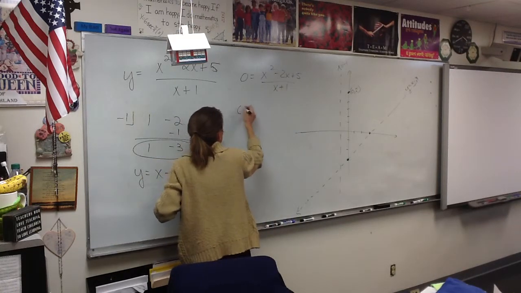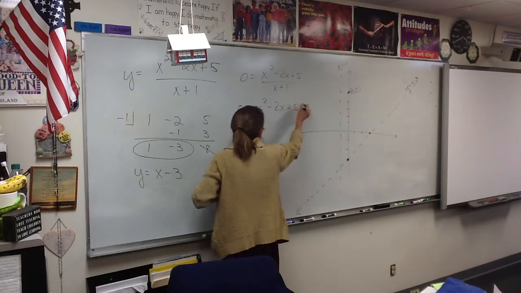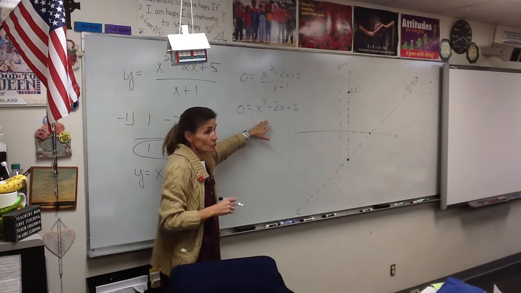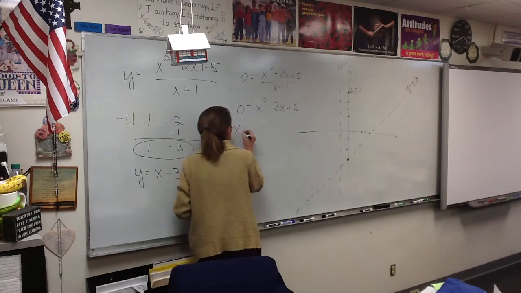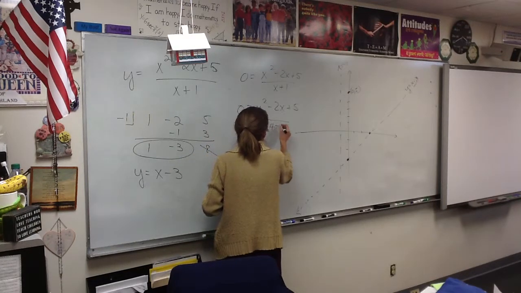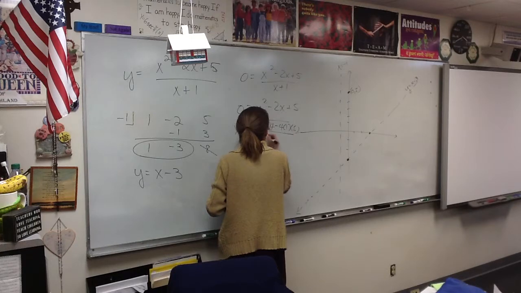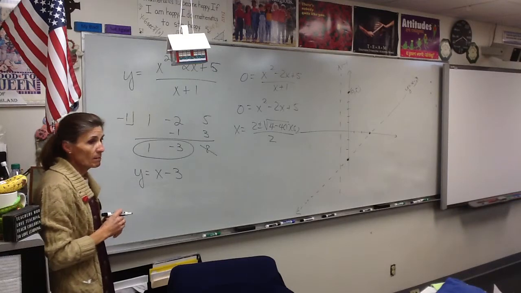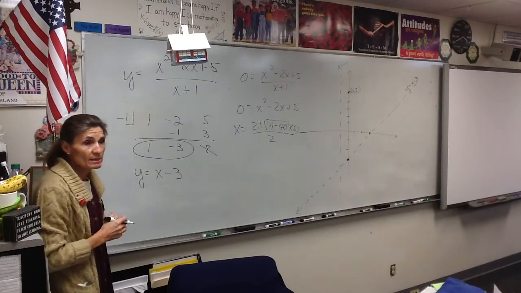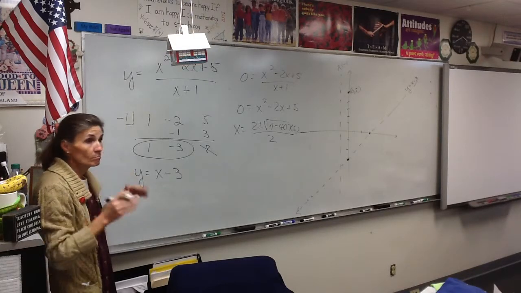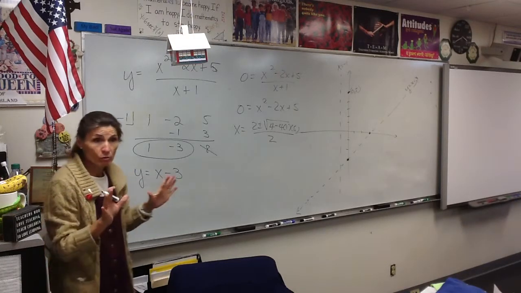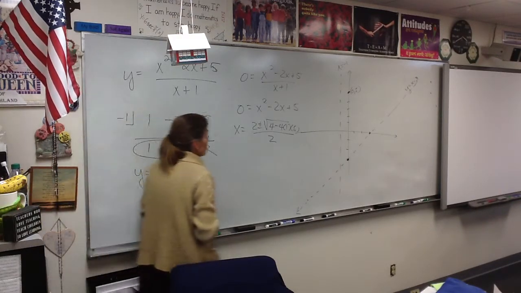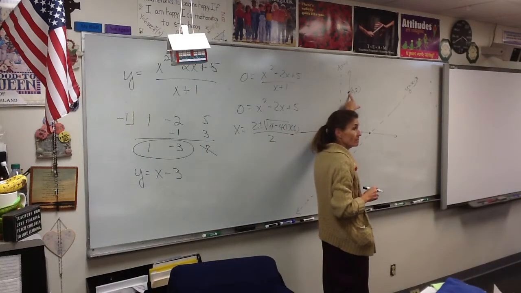Let's solve this. What kind of equation is that? Quadratic, so we're going to need to use the quadratic formula because it doesn't factor. Whoa. Why am I pausing? It's going to be imaginary. What does that mean? There's no x-intercepts. This thing, whatever it looks like, is not going to touch the x-axis. Okay, all right. But it does contain that point right there, right?